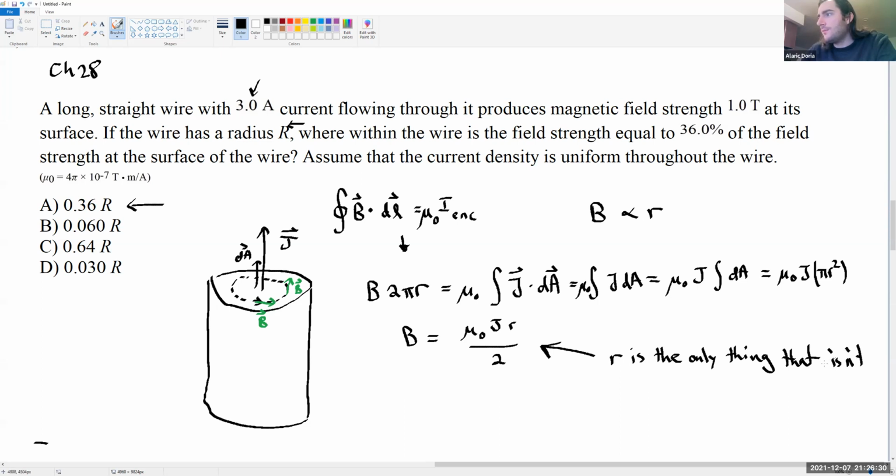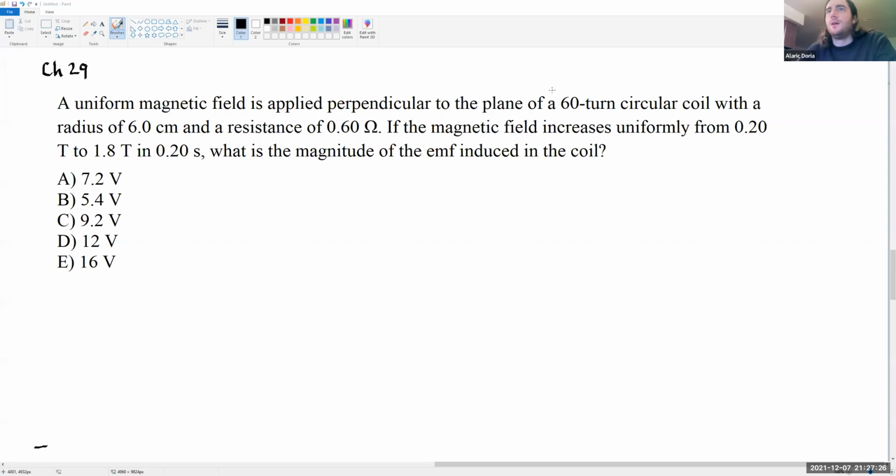It's a uniform current. So little r can be reduced to 0.36 R. So we can make r go to 0.36 of big R, and then we would have 36% of the total magnetic field. So A is the correct answer, and we'll be back with the next question for chapter 29.